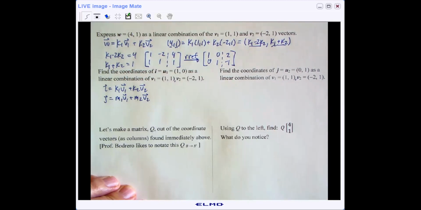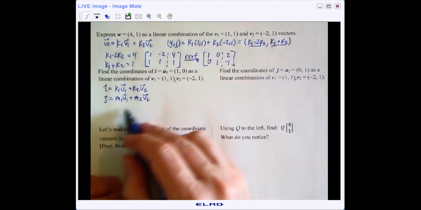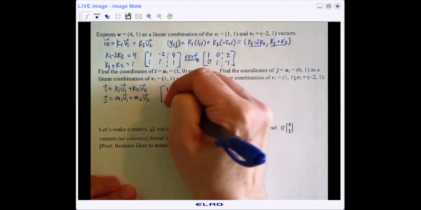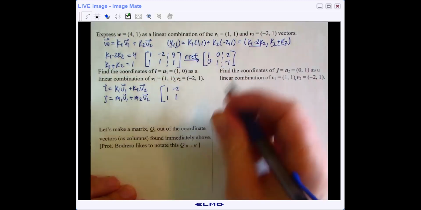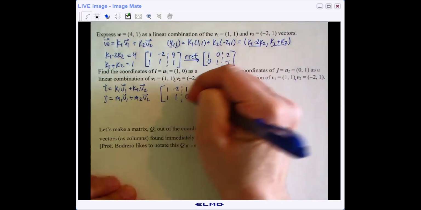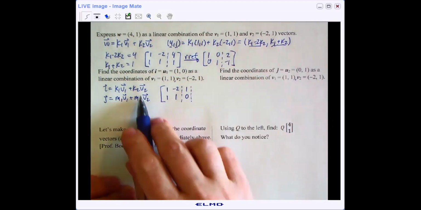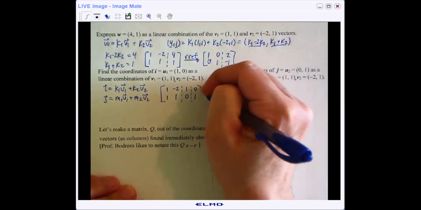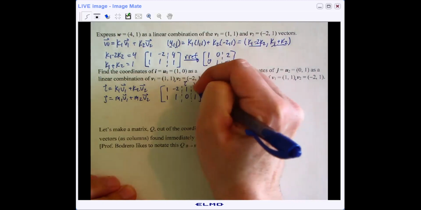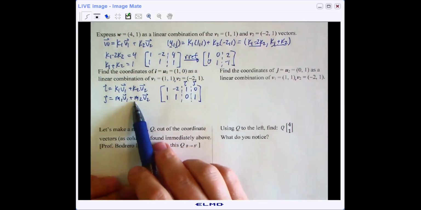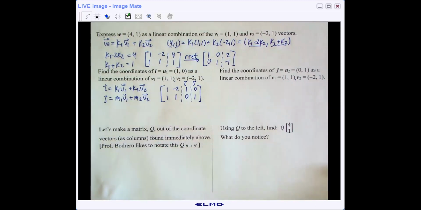All right. Now, since these are going to involve the exact same coefficient matrix, I'm going to try to be a little bit more judicious. And I'm going to augment first by the I vector, which is 1, 0. And since it's going to involve the same coefficient matrix, I'll augment again by the J vector to see if I can find out what my K1, K2, and M1 and M2 are. So let's do that on our calculator.